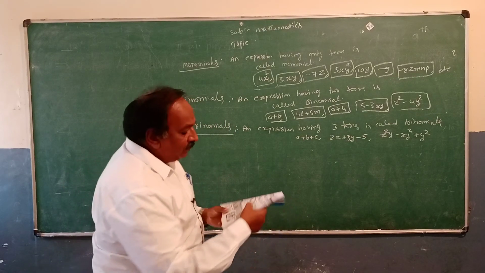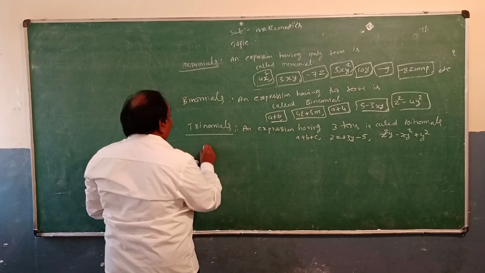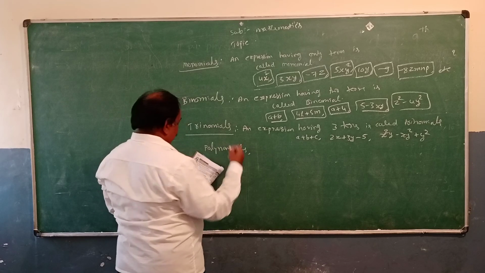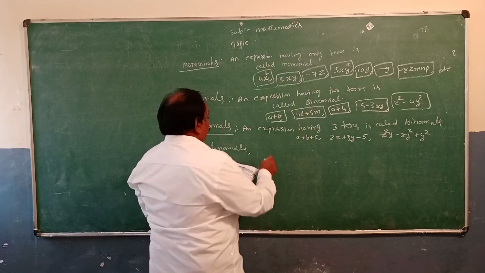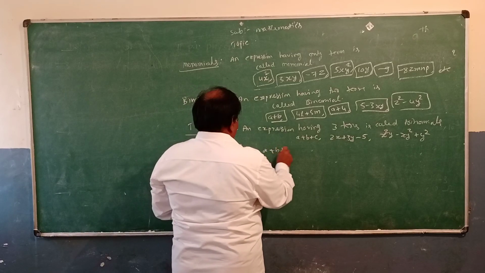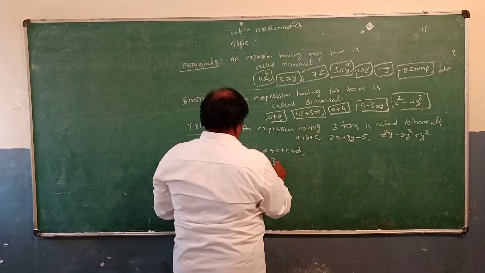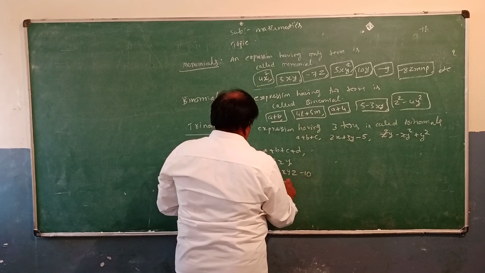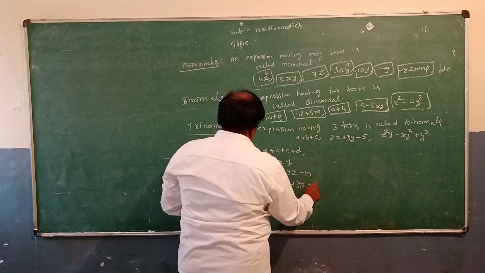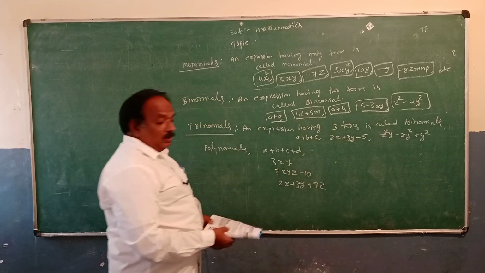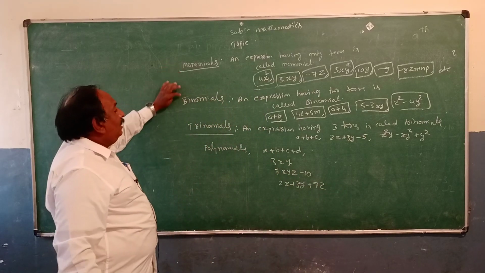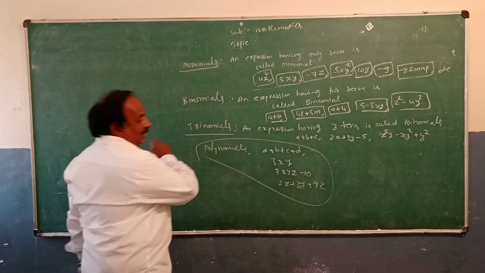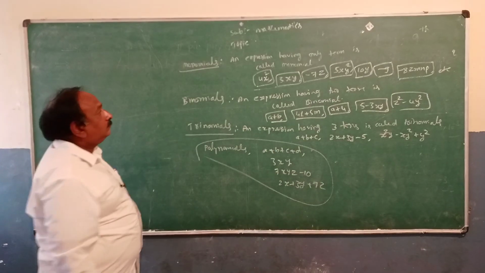Now, in the future classes, you are going to learn about polynomials. So, a plus b plus c plus d, 3xy, 7xyz minus 10, 2x plus 3y plus 7z. These monomial, binomial, trinomial are totally called polynomials.